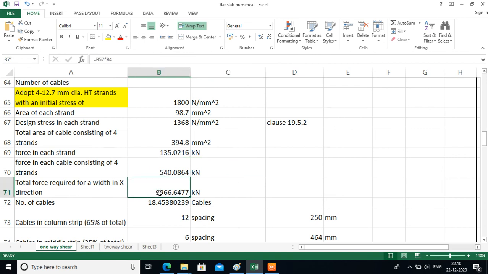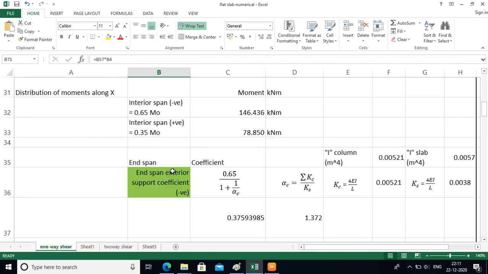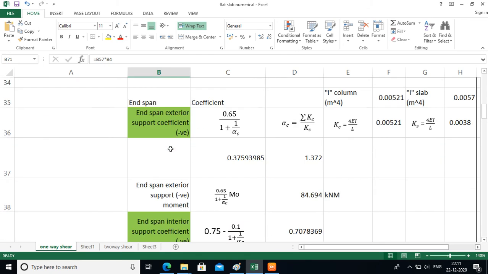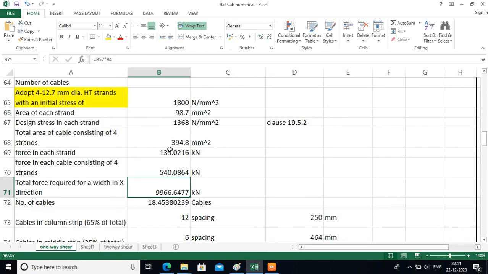So for that, what I did is I multiplied this force in each cable by B4. What is that B4? B4 is nothing but the total span in the x direction, that is the center to center distance between the columns in x direction, that is 6 meter. So from this we get the total force.